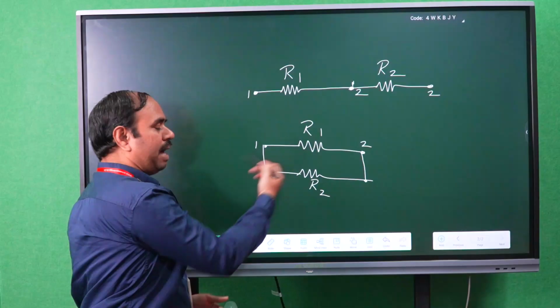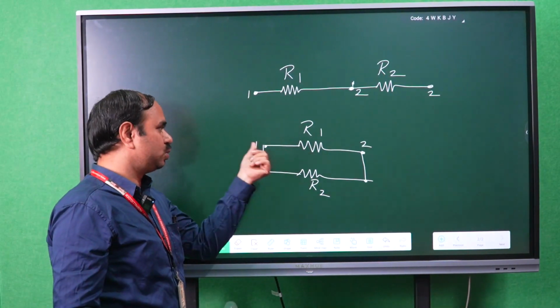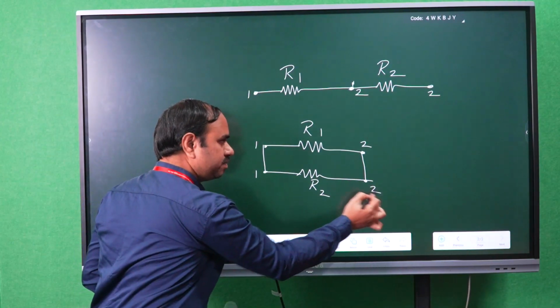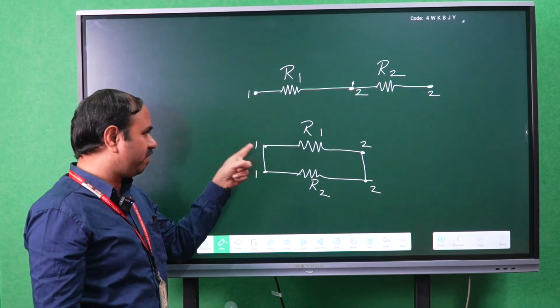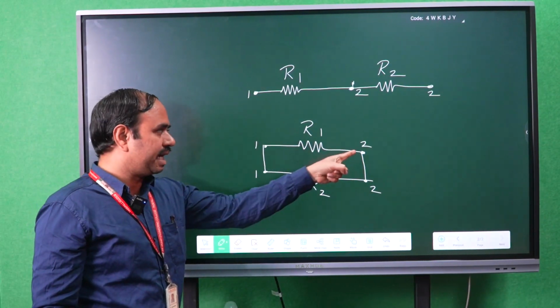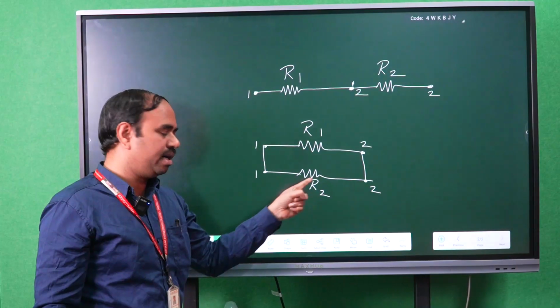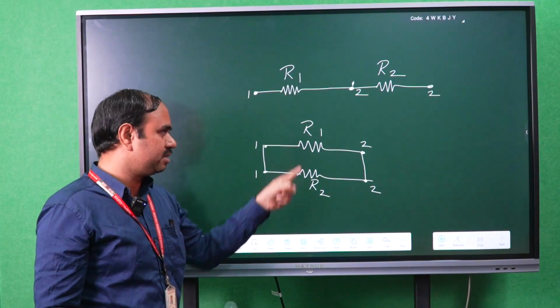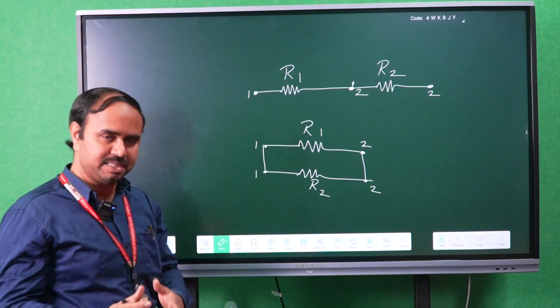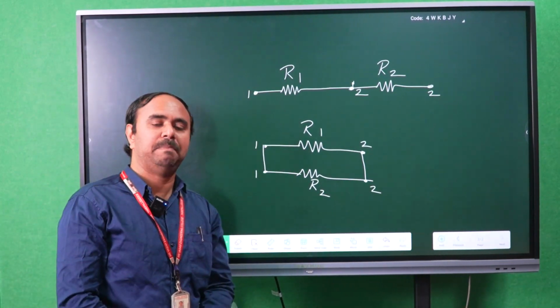Whereas parallel means R1 has two ends, 1 and 2. Similarly, R2 also has ends 1 and 2. Whenever the first end of R1 is connected to the first end of R2, and the second end of R1 is connected to the second end of R2, then we can say those two are connected in parallel. So this is the main difference between series and parallel circuit.